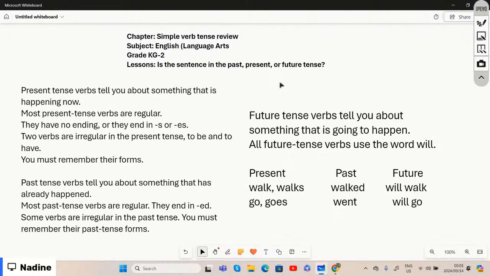And the lesson that we are going to be focusing on under the chapter of simple verb tense review is: Is the sentence in the past, present, or future tense? That is going to be our lesson for today.